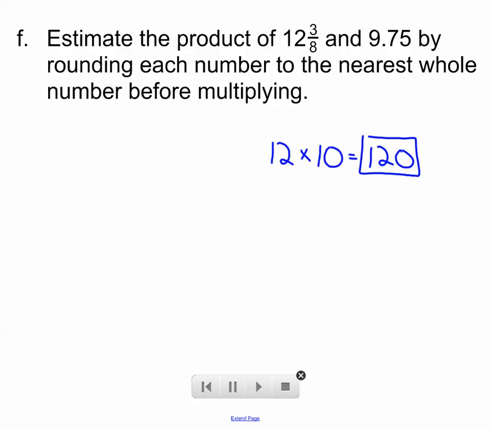Okay, and again, now that we know it's about 120, if you actually try and multiply these two numbers, either by changing 12 and 3/8 to a decimal and multiplying them together, or changing 9.75 to a fraction and then multiplying the numbers, you should know that your answer should come to around 120. If it doesn't, then you know you did something wrong with your fractions or decimals.